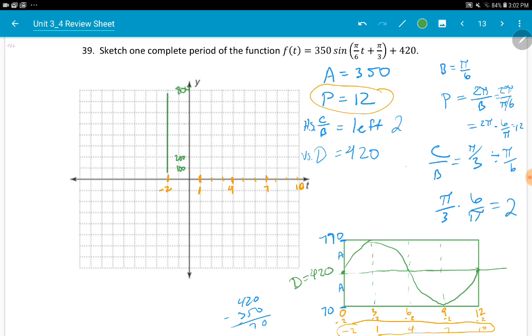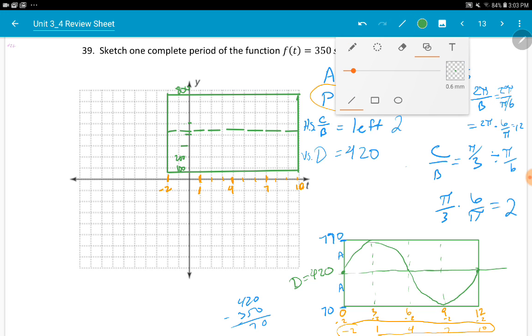So not quite up to 800, but almost. And it goes all the way to 10. And my D is in the middle of that, so right at 420, so that's 300, 400, a little bit past 400, so right about here will be my center line. So that's my reference. It's not part of the actual graph, it's just to help me graph it.